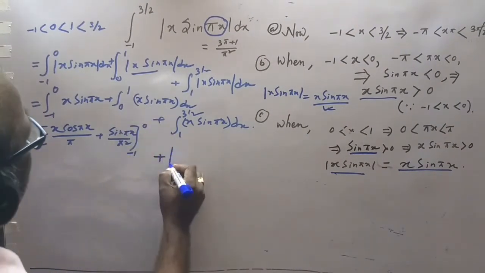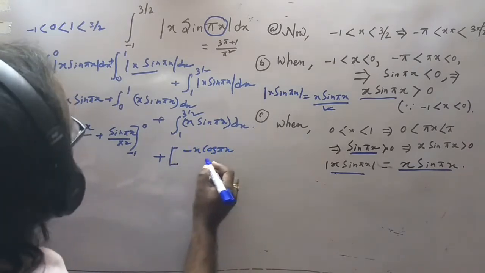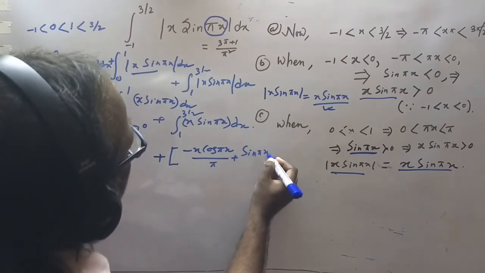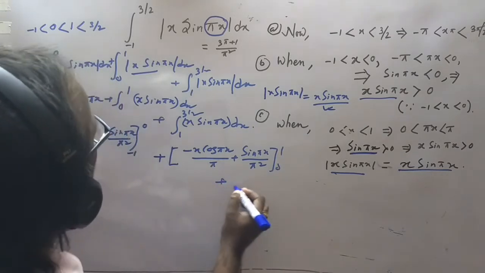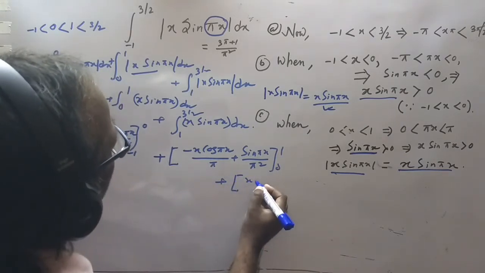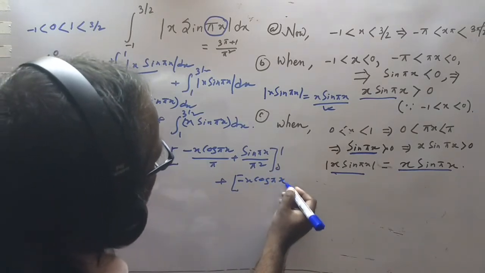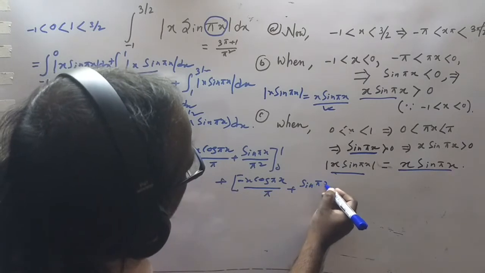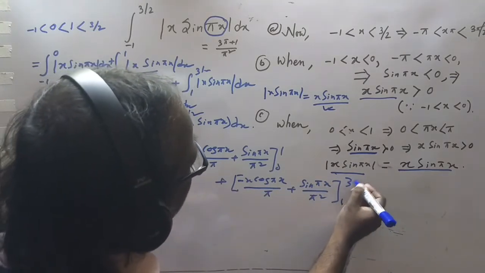Plus this, minus x cos(πx)/π plus sin(πx)/π² from 0 to 1, plus again minus x cos(πx)/π plus sin(πx)/π² from 1 to 3/2.